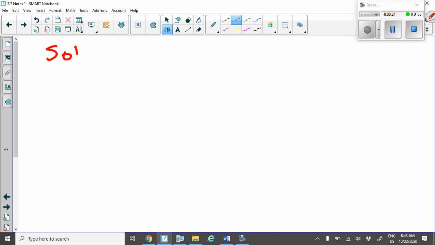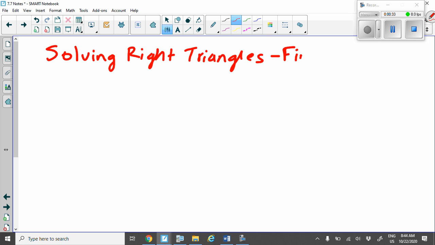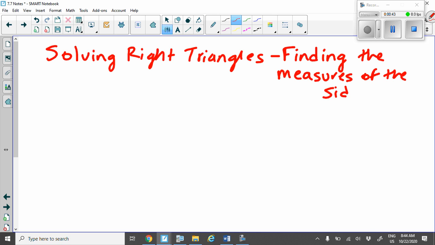So solving right triangles, okay? We've been trying to solve the sides, so finding the measure of the sides. Some of the ways that we've done it is we used the Pythagorean theorem.